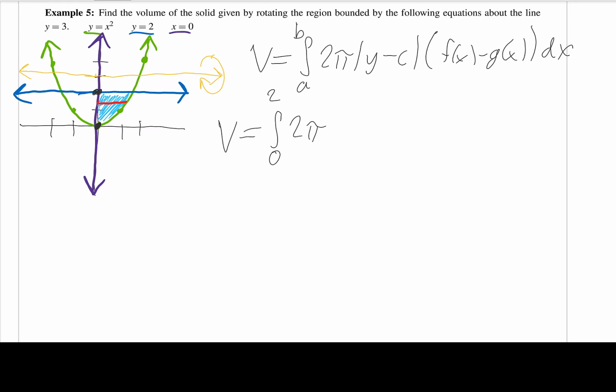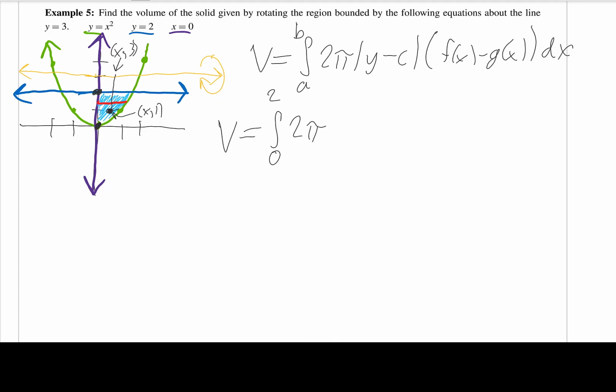This is saying that we're taking some point. Let's say I take this point right here, and I want to know its distance from my axis of rotation. So this point looks something like x comma 1, whatever that x value is. And this point right here is going to look something like x comma 3, because this is on the line y equals 3.